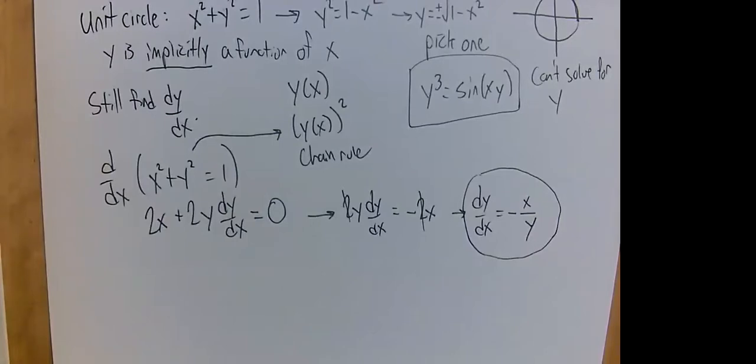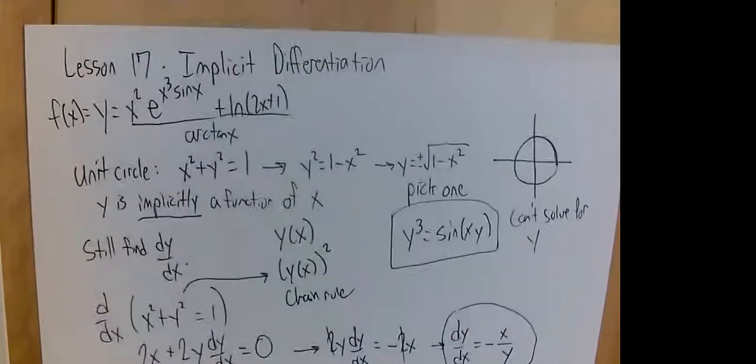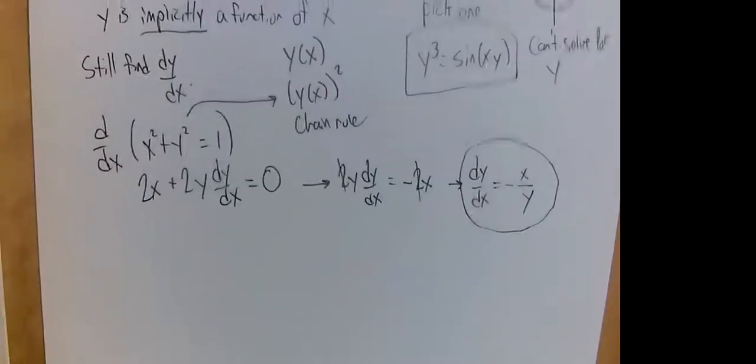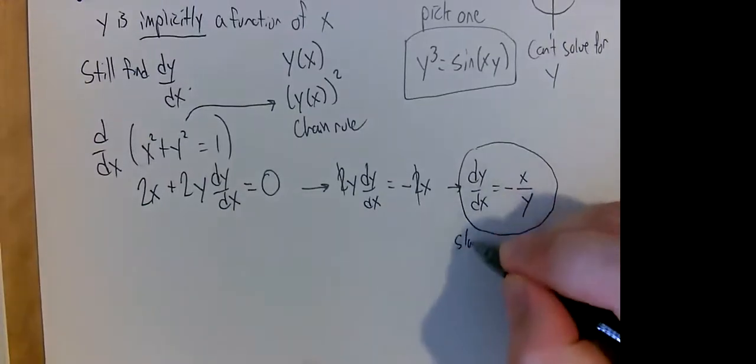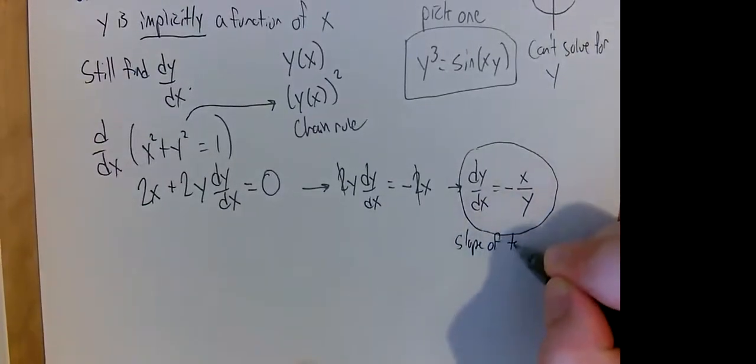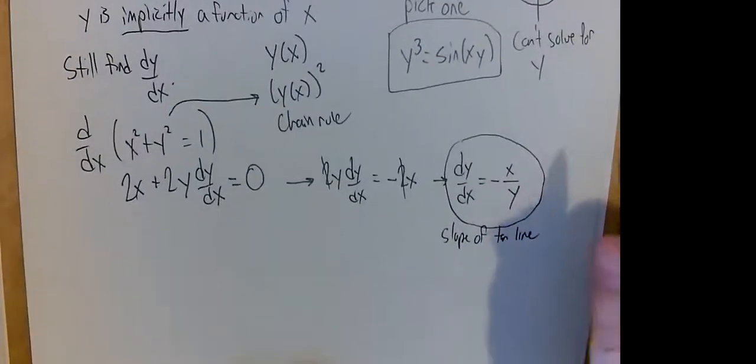And note that dy/dx for implicit differentiation means exactly the same thing that it does for explicit differentiation, or what we did in all the previous lessons. It still means the instantaneous rate of change of y with respect to x, and it also means the slope of the tangent line at a particular point. So this still means the slope of the tangent line.